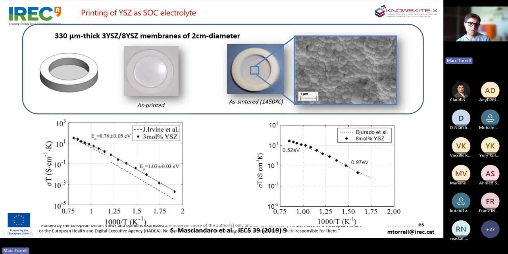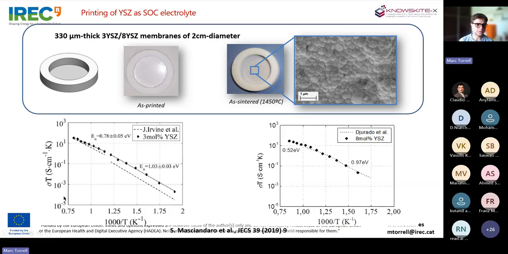To prove the applicability of this electrolyte, we measured its ionic conductivity and compared it, as you can see here, with the ones in the literature produced by tape casting. As you can see, we have almost the same behavior and the same ionic conductivity.